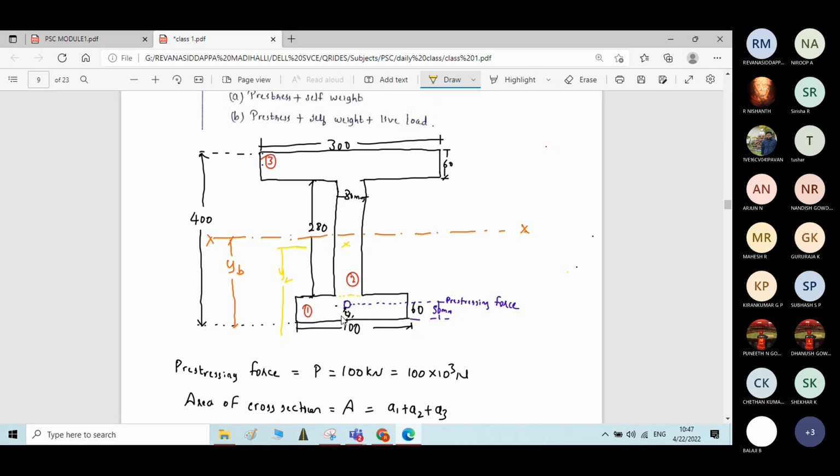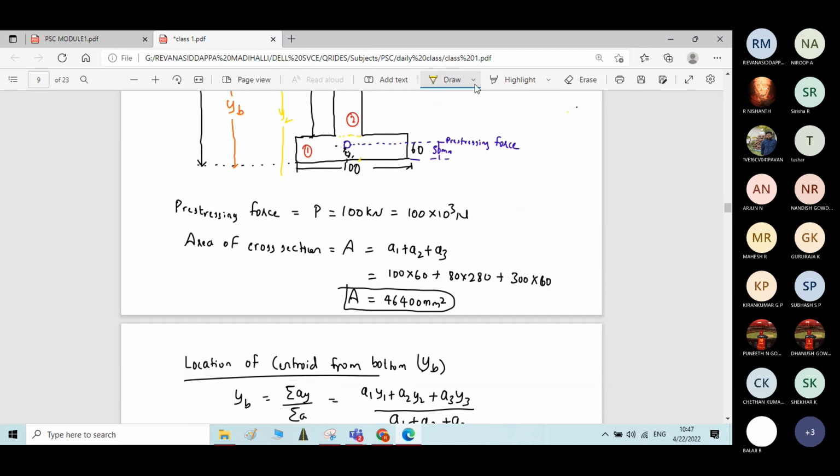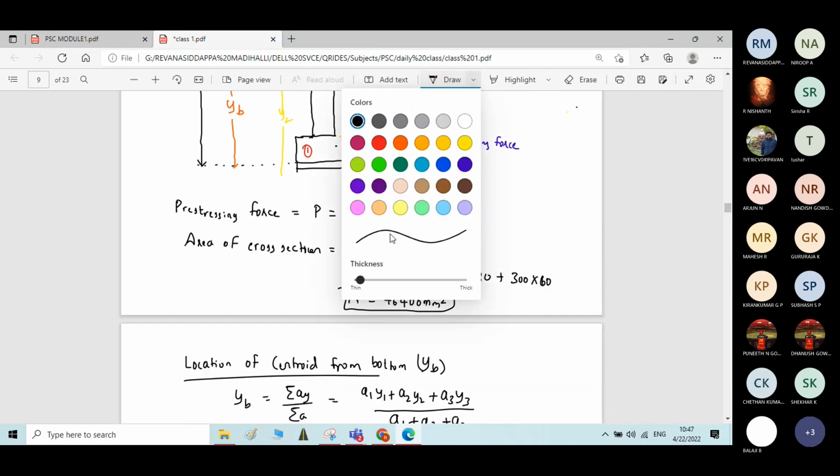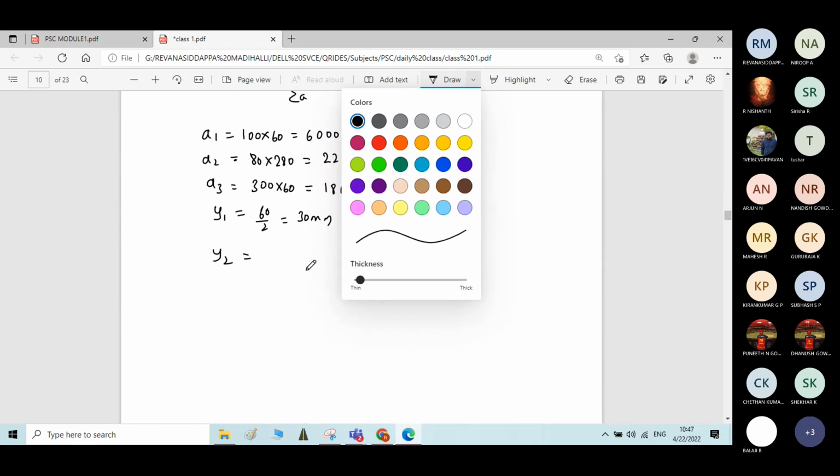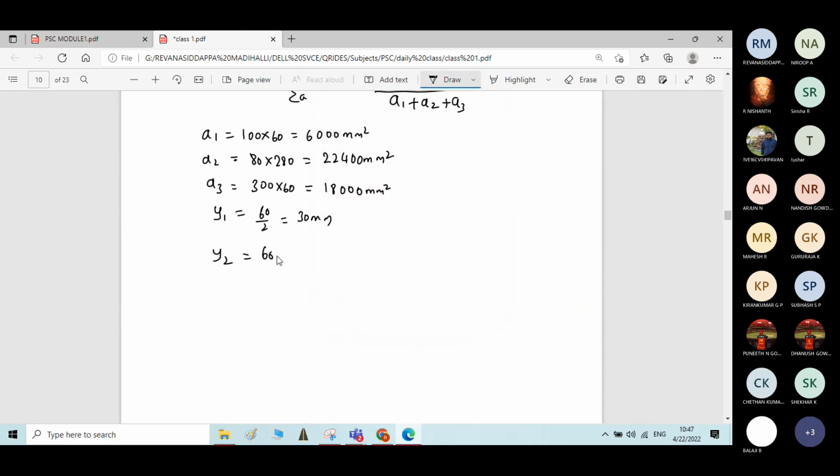So it will be from here to here, it is 60 plus depth divided by 2. 60 plus 280 by 2, you will get distance of centroid of rectangle from the base. The answer is 200 mm.